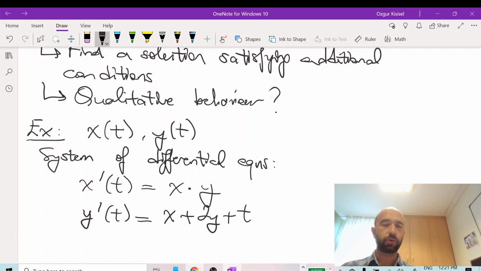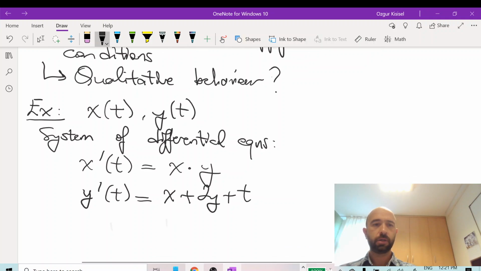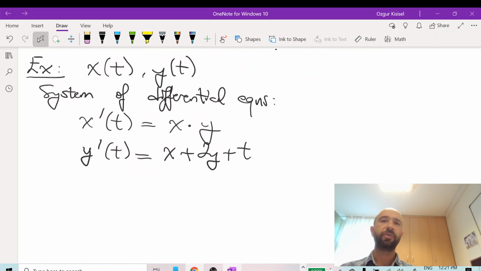They contain both dependent variables and possibly also the independent variable. This is a system; the previous example was a single equation. Here you would want to find x and y at the same time. Finding just one of them doesn't make much sense. You have to find a pair that satisfies both equations.